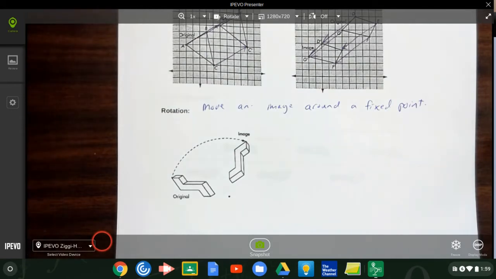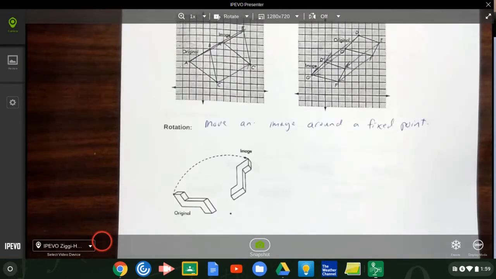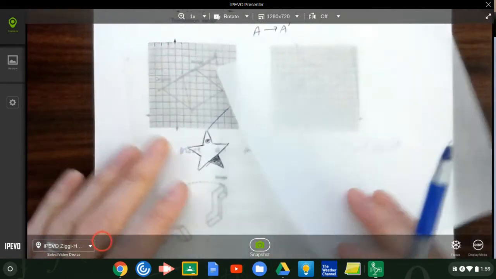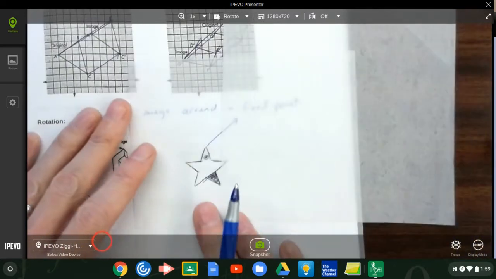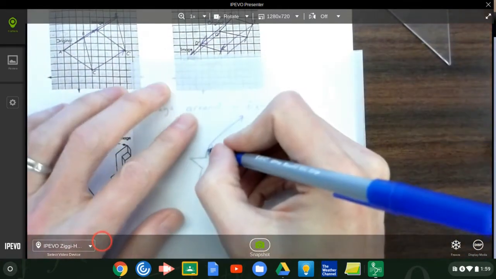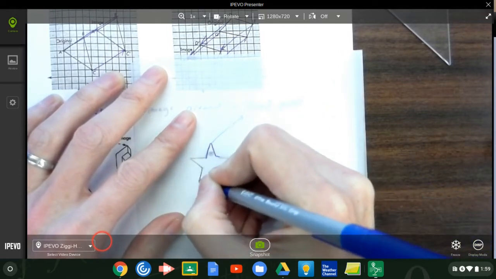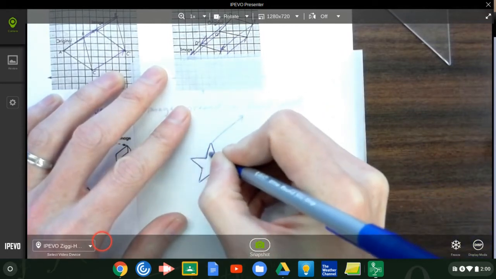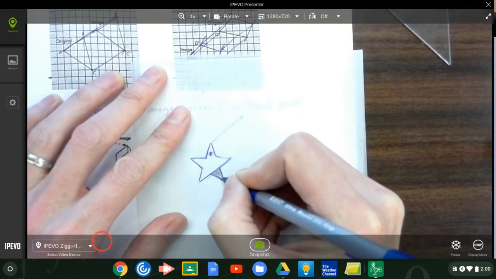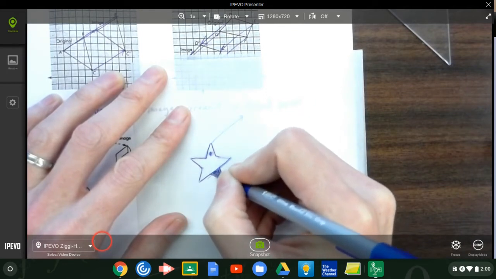But let's go back to our star. In fact, I'm going to do a new star here. Let's get a new star. I'm going to copy my star real quick, and we're going to rotate this image. Now, with a rotation, we have two important things we need to have.